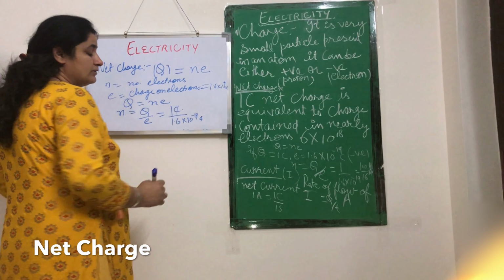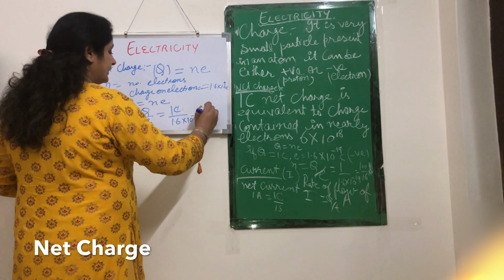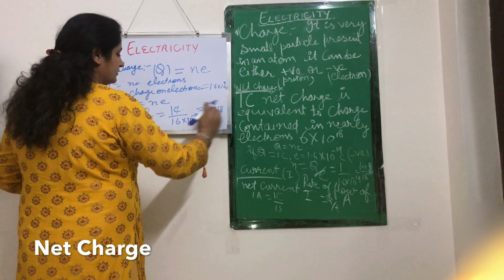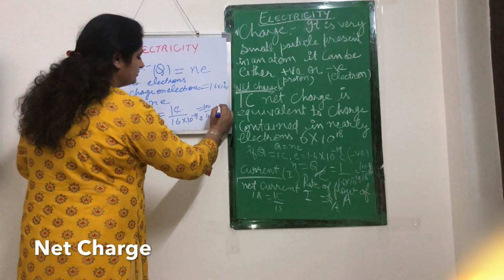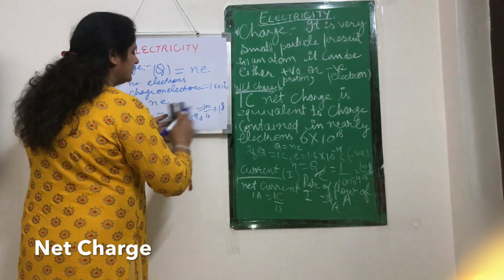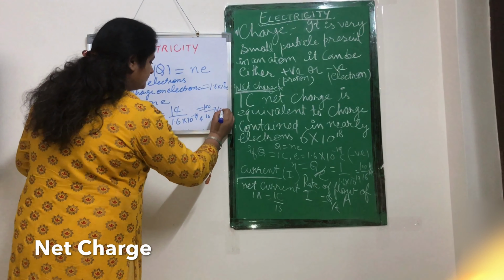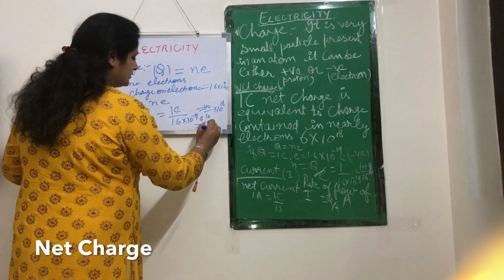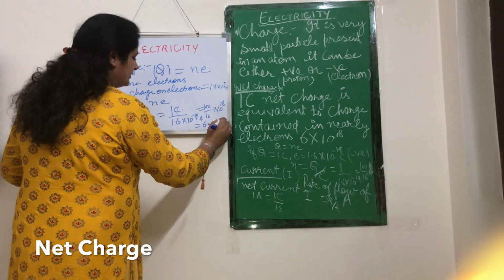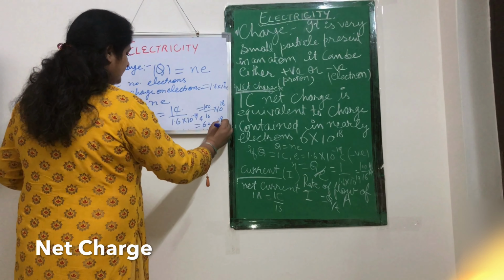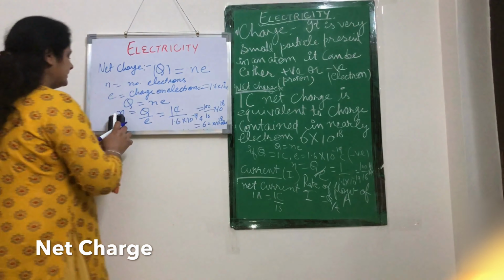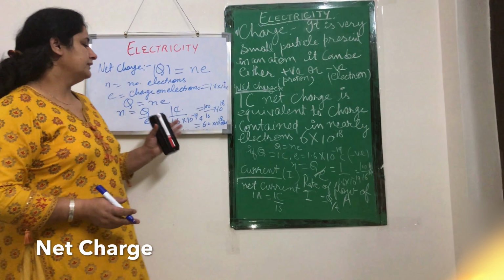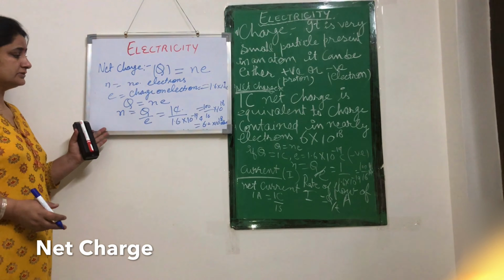So coulomb will cancel out with coulomb and we get 100 upon 16 into 10 raised to power 18. So it comes out to be near about 6.2 into 10 raised to power 18 electrons, because N is the number of electrons. This is the way we can find the number of electrons.